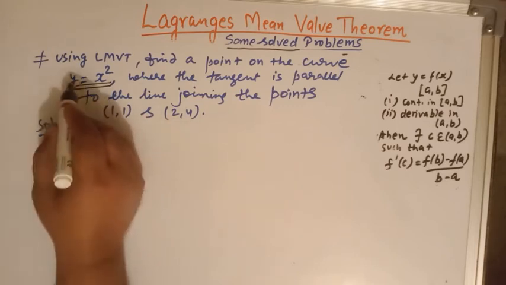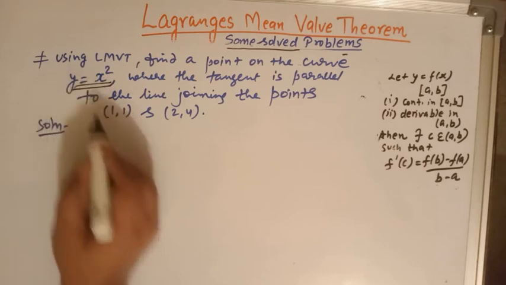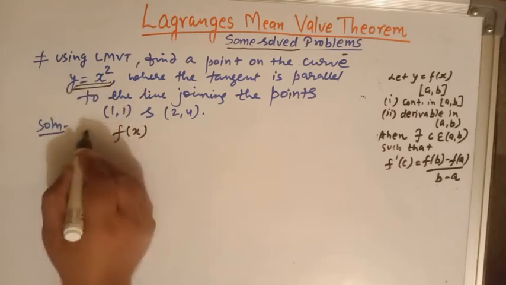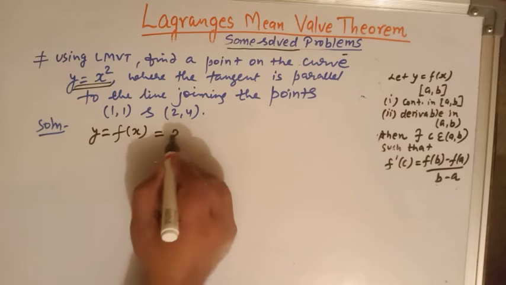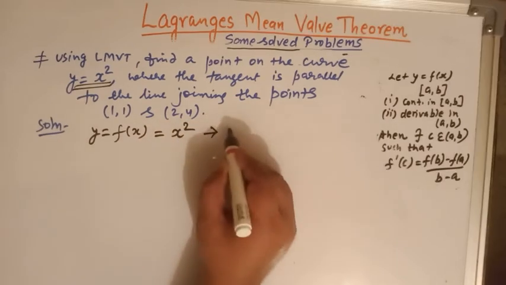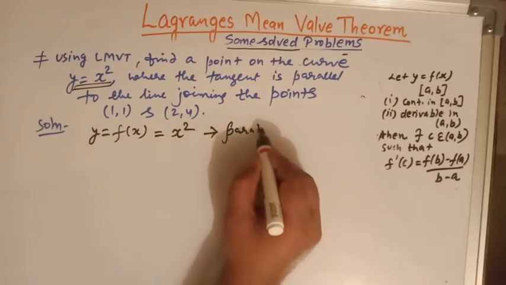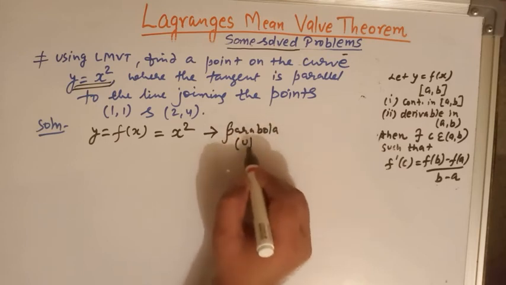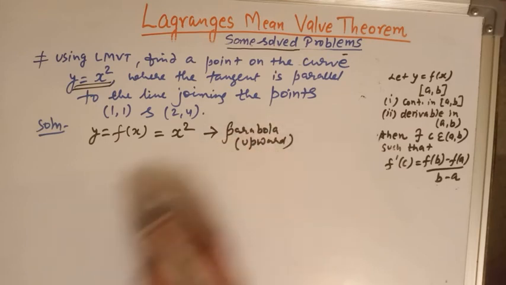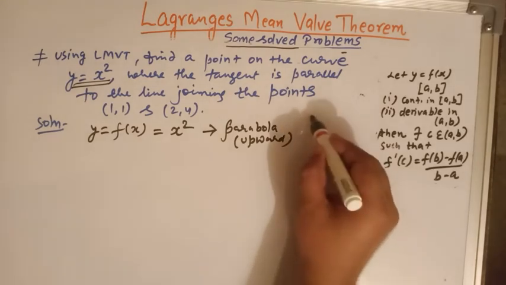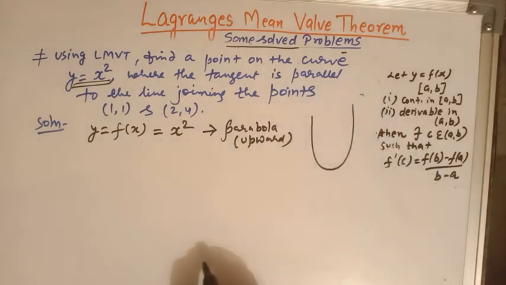Here the curve is y equal to f(x) equal to x square, and it is an upward parabola. So we have a function like this here.